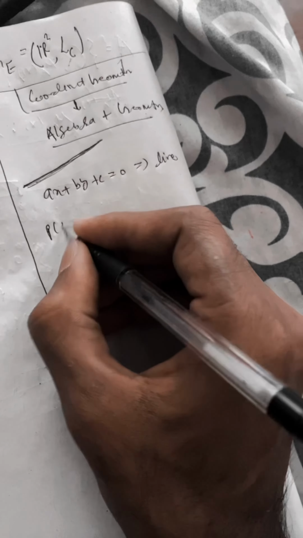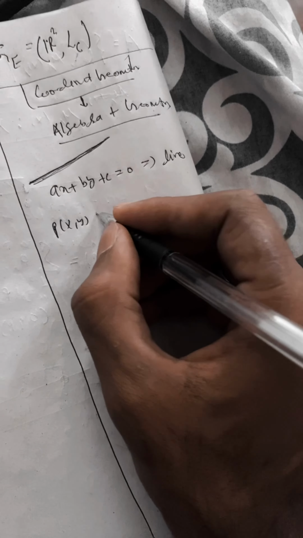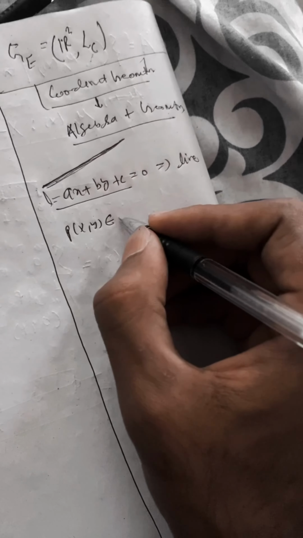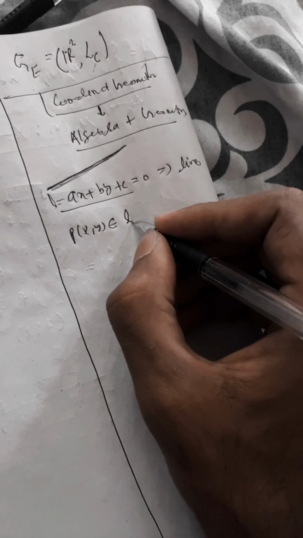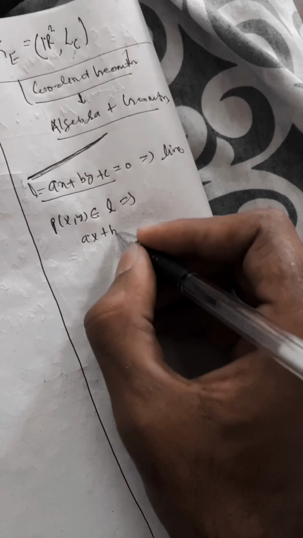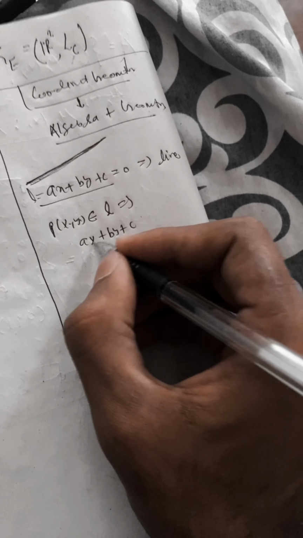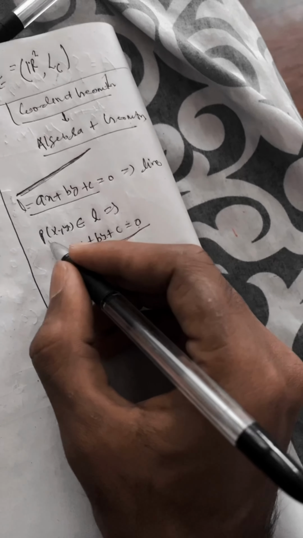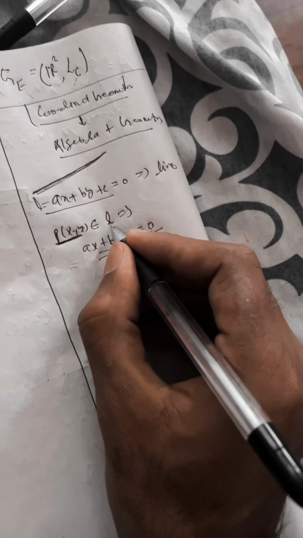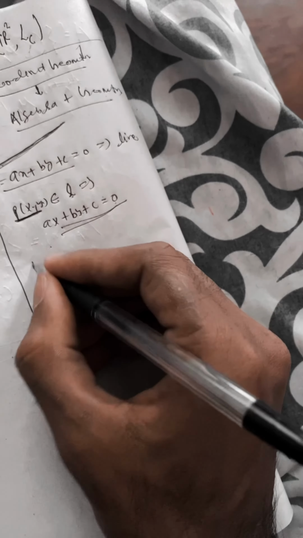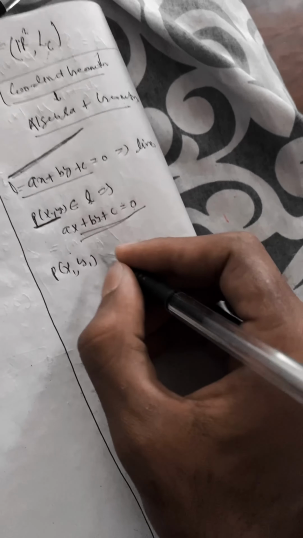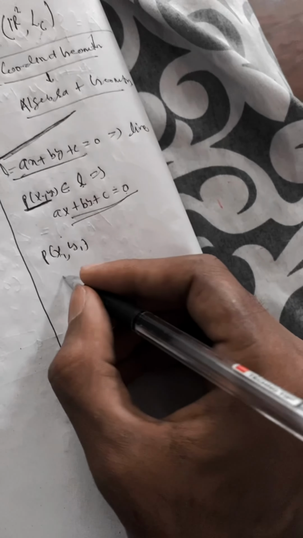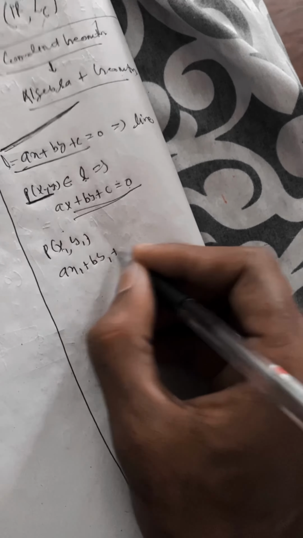Now let's say we have a point P(x, y), and if this P(x, y) belongs to this line L, then it means if we substitute the values of x and y in this line, we get 0 as the answer. And if we do not get 0, it means this point does not belong to this line. For example, let's say we have another point P(x1, y1), and we substitute x1, y1 in this line, so we get ax1 plus by1 plus c.